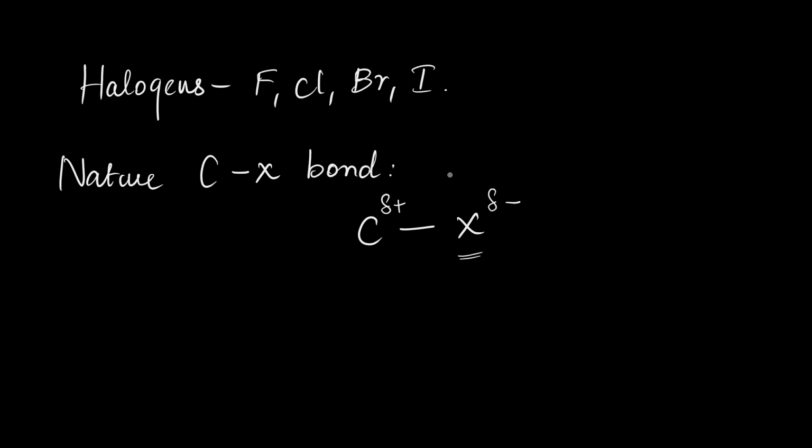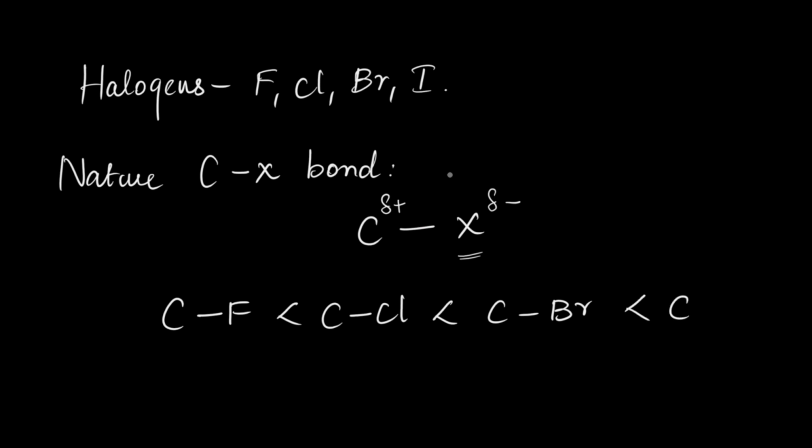The bond length increases from C-F to C-I, which means C-F has the shortest bond length, then comes C-Cl, then C-Br, and finally C-I. Why is it so? Iodine is bigger in size and less electronegative when compared to fluorine.